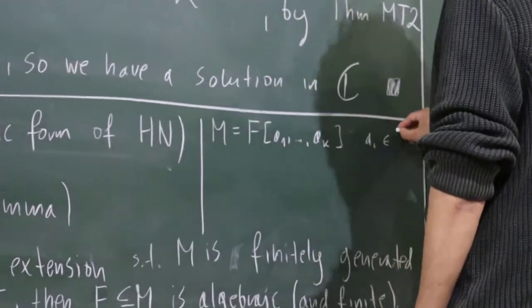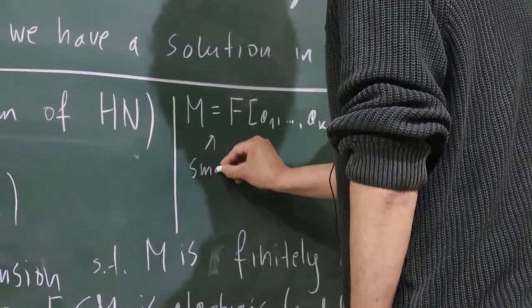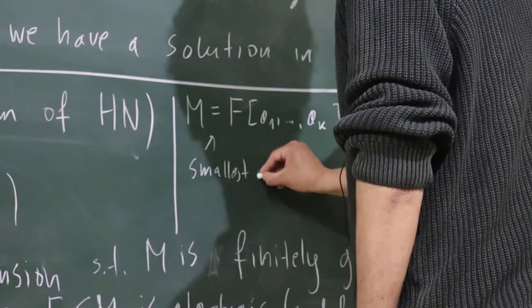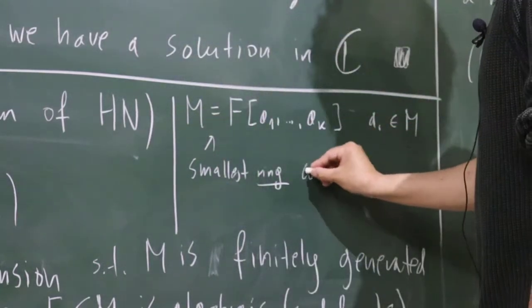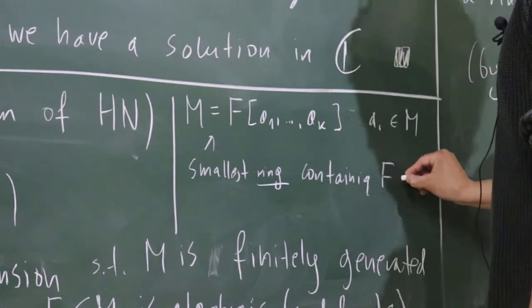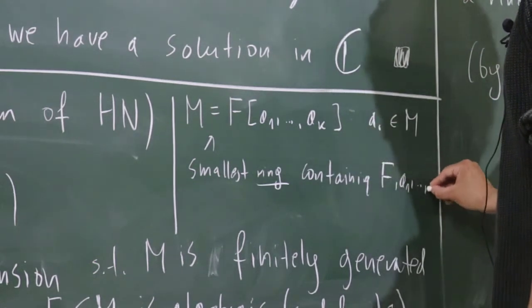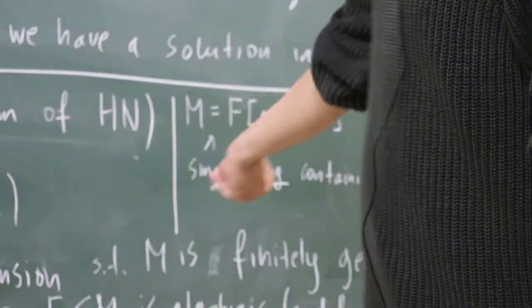It's the smallest ring, or subring, containing F and these elements, so it's a much stronger condition, as we see.